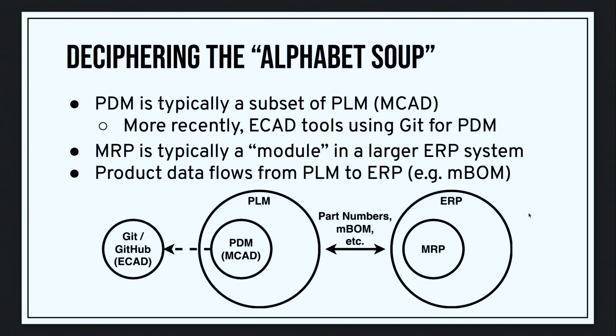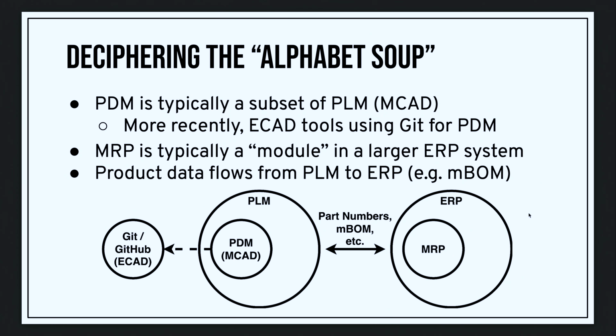More recently, on the ECAD side of things, Git has started to take over some of the functionality that a PDM would provide. Things like version control of design files are moving out of the PDMs, and you see people using Git, GitHub, and GitLab for some of that functionality.